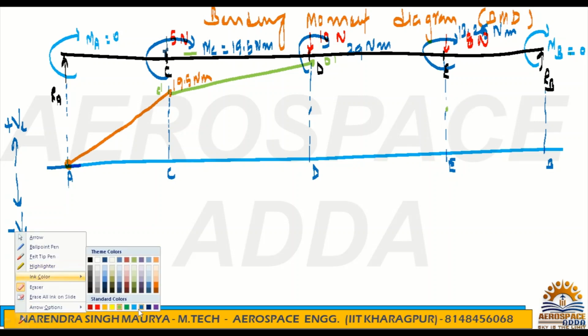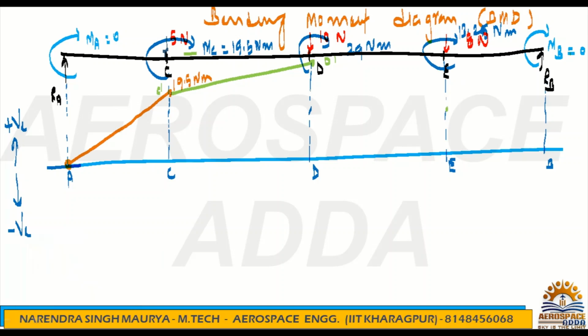So my point is, till this you got here. This D dash you got 29 Newton meter, and at point E the moment is 13.25. So I will mark here, this is now 13.25. This is the inclined line.